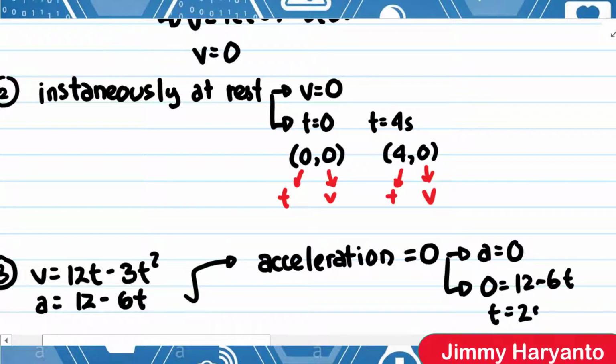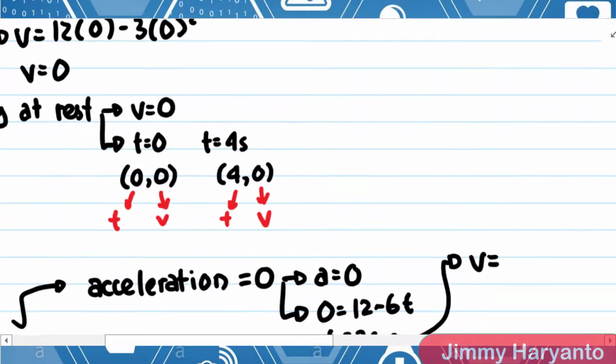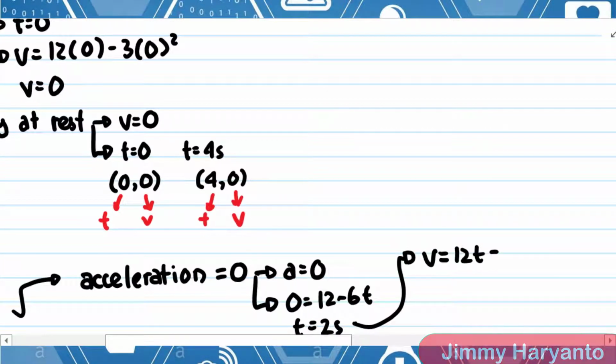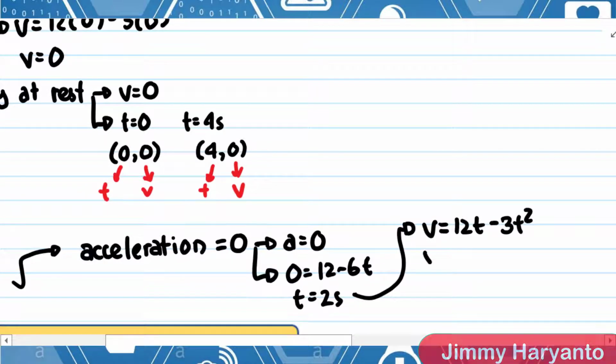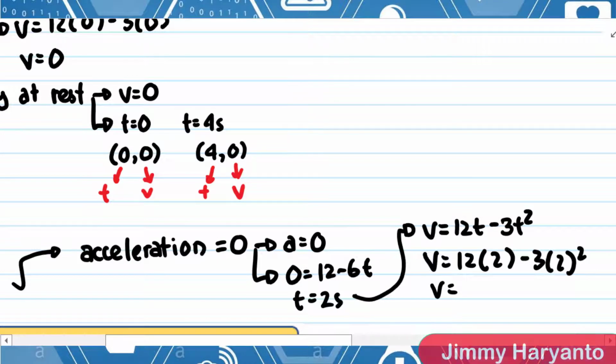Time equals 2 seconds. And when time equals 2 seconds, the velocity is 12t minus 3t square. We can find the velocity by substituting the 2 seconds. V equals 24 minus 12, so 12 meters per second. Okay, so for this one we have a point of 2, 12.